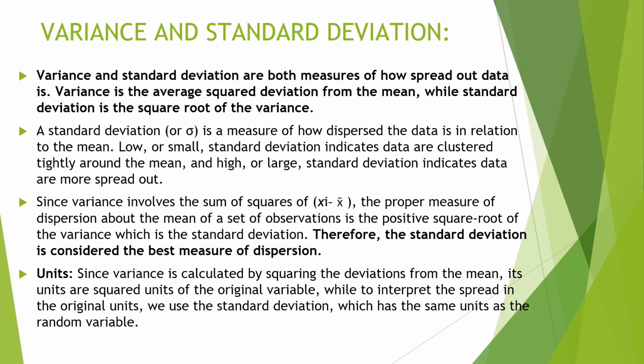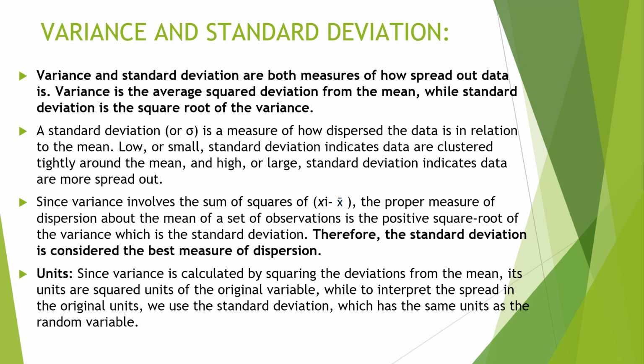Why? Because standard deviation is a measure of dispersion. Dispersion means how much the data is scattered. If that value is small, it means the data is less scattered. It is more near to the mean. So low standard deviation shows that the data is very near to the middle value, and high standard deviation shows that data is more spread out or more scattered.